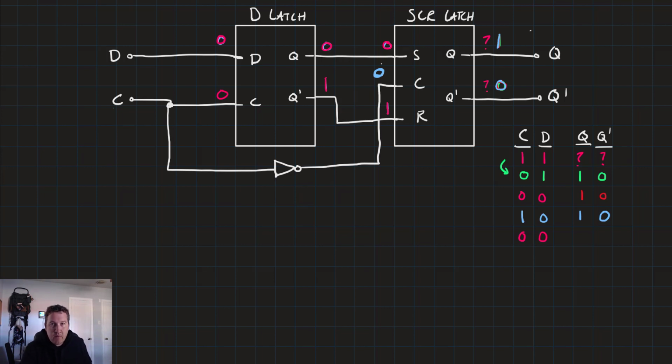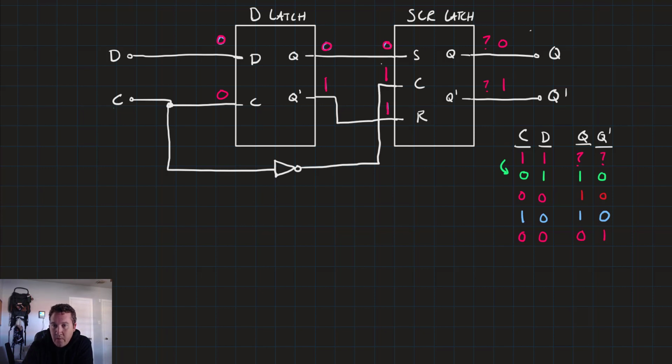But C equals 0 means the input C to the SR latch is now equal to 1, and this latch can update, and that puts it in its reset state. 0 and 1 on S and R gives us 0 and 1 on Q and Q naught.